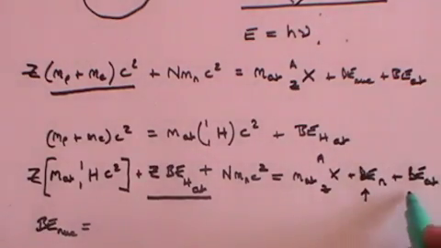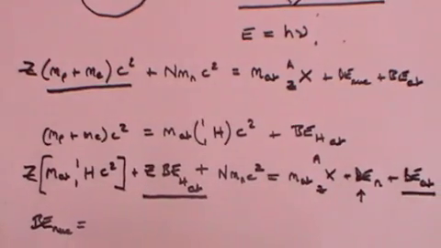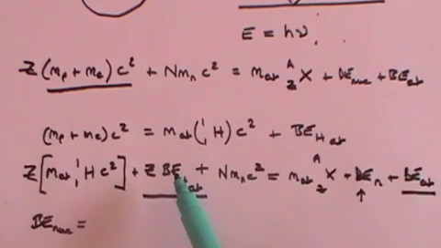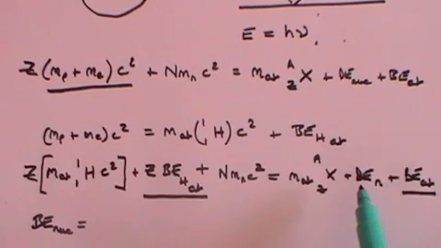And here we've got the binding energy of this atom X with Z protons. The binding energies of atoms are in eV, electron volts, whereas the binding energy of the nucleus is millions of times bigger, in mega electron volts.